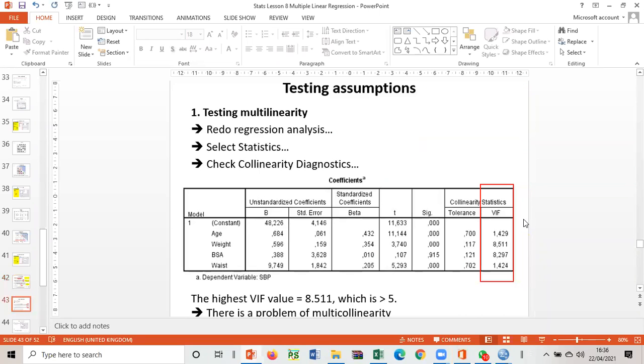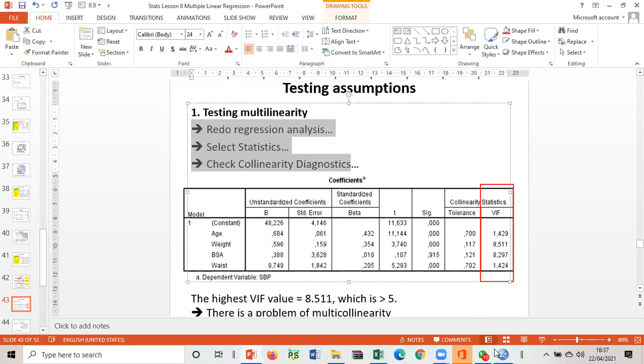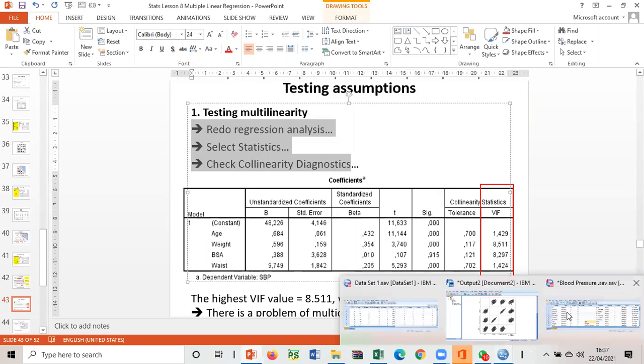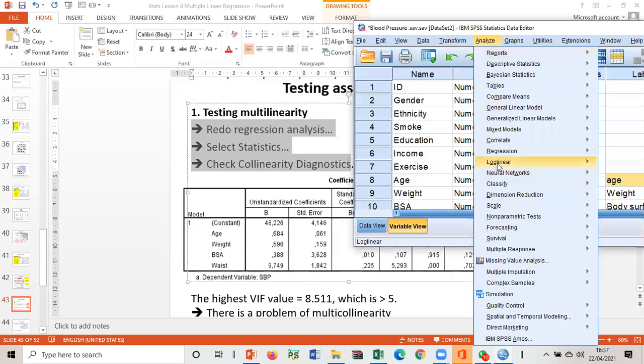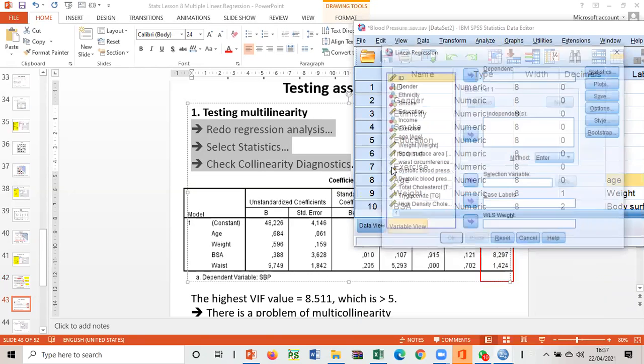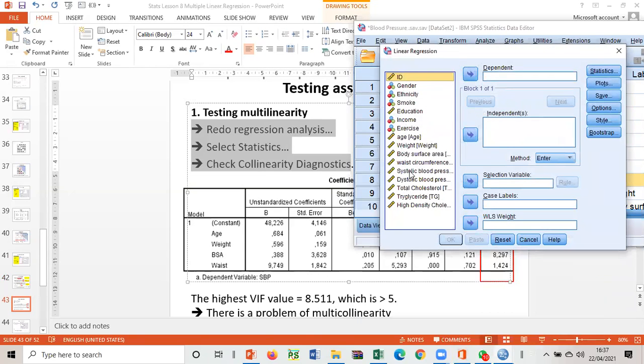Right, next, testing assumption. Can you go back and redo this? After doing this, go to statistics.